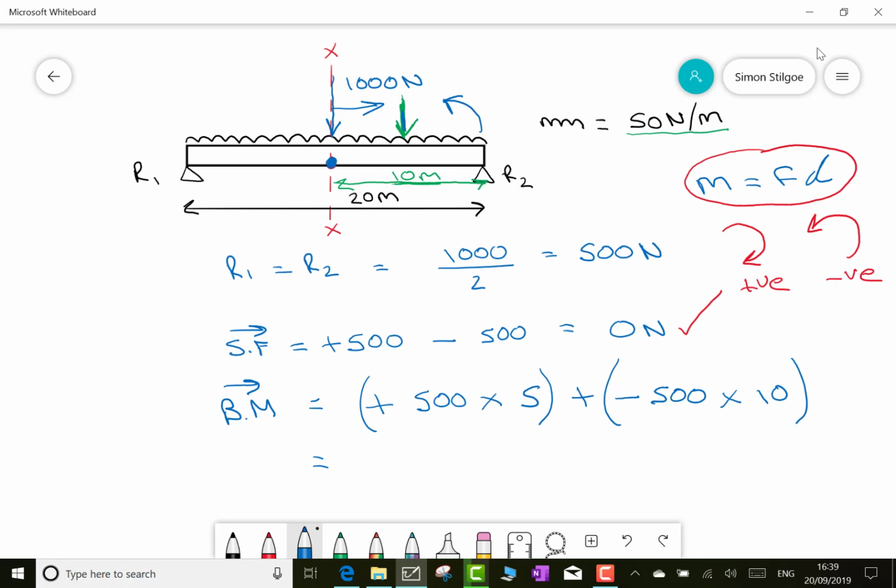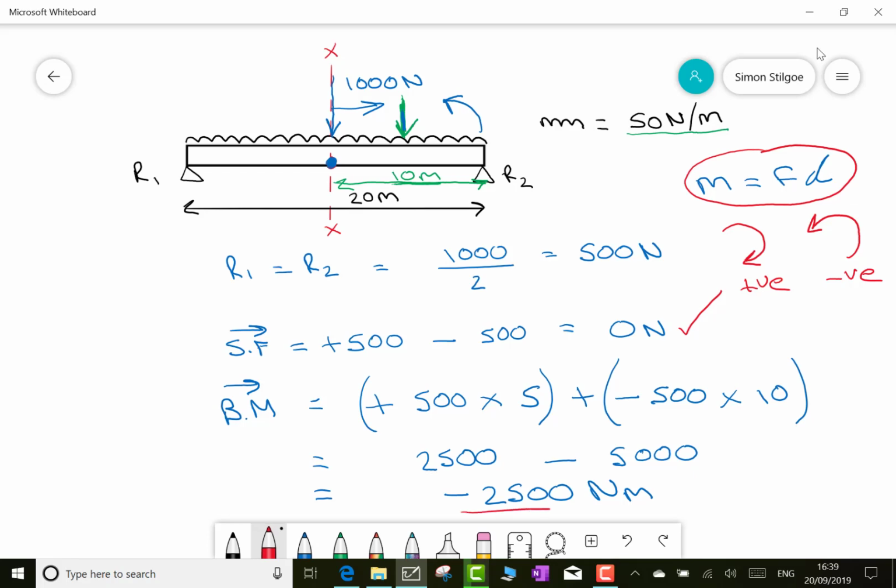If we sort this out then, 500 times 5 gives me 2,500, and then we can add this to minus 500 multiplied by 10, which is minus 5,000. 2,500 minus 5,000 gives me minus 2,500 newton meters.